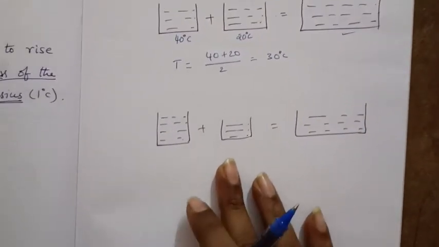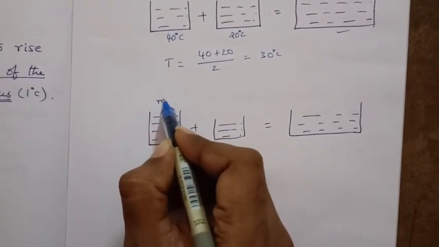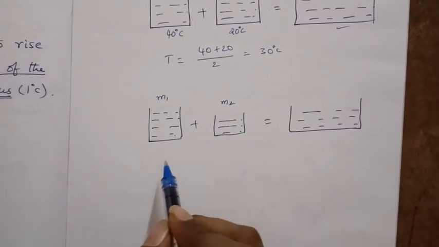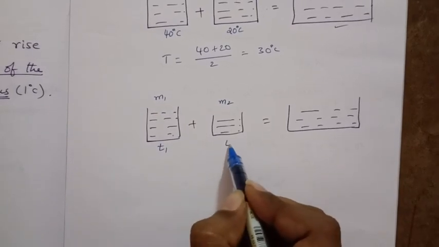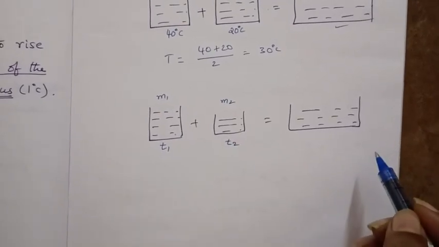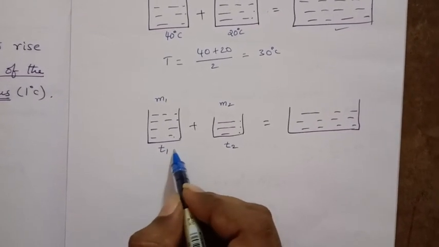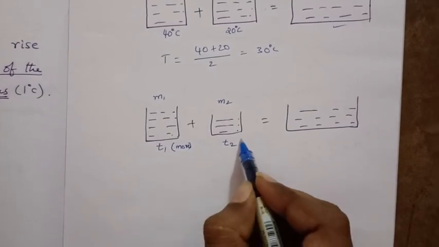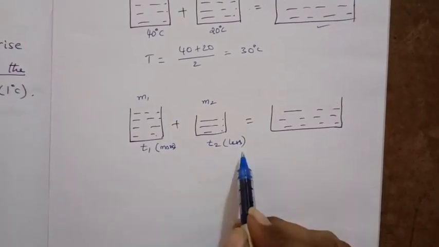Suppose two liquids have different masses m1, m2 and different temperatures. For example, one has relatively more temperature and the other has less temperature.